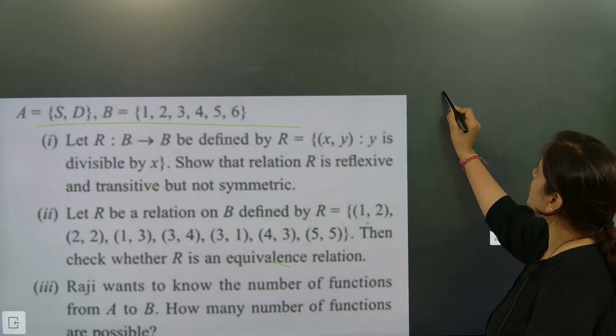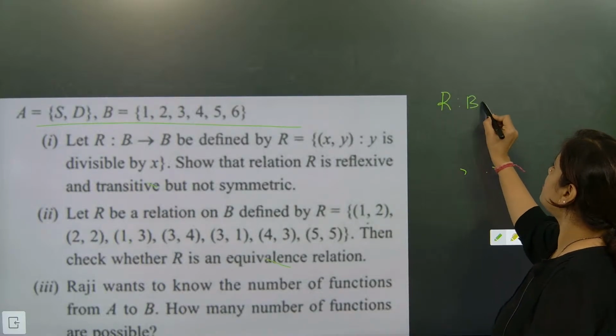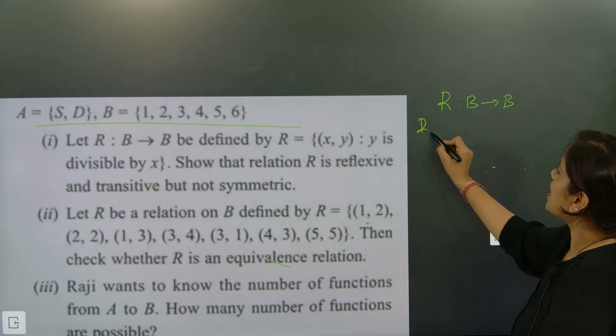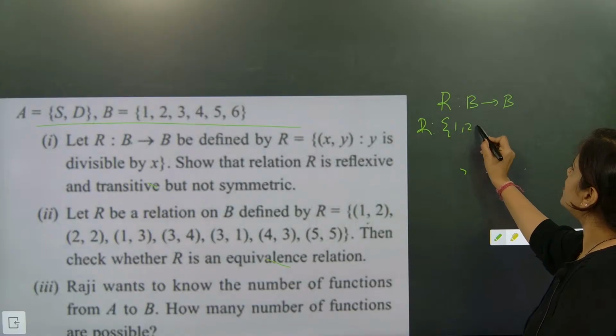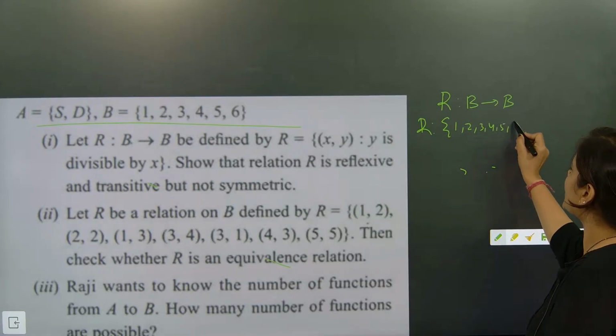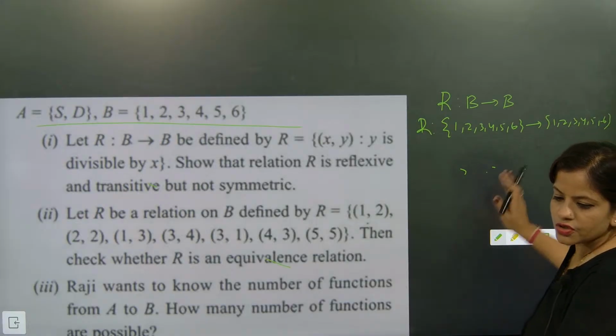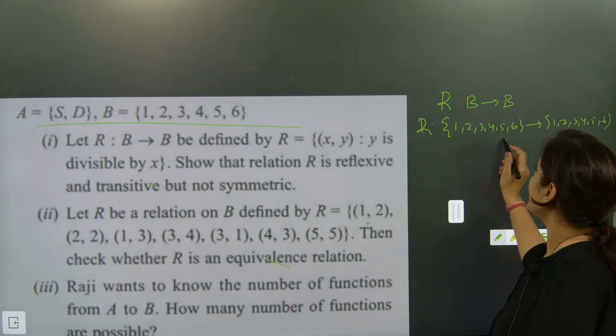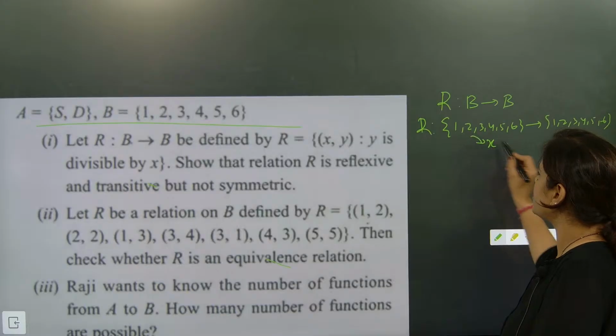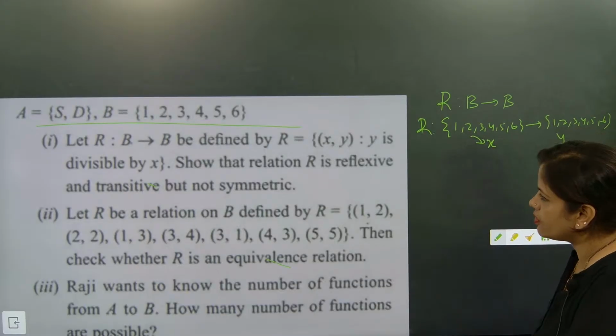So that means here R is from B to B. That means R from 1, 2, 3, 4, 5, 6 to 1, 2, 3, 4, 5, 6. Understood? So now X and Y are elements, X will be coming from this domain and Y will be coming from this codomain.